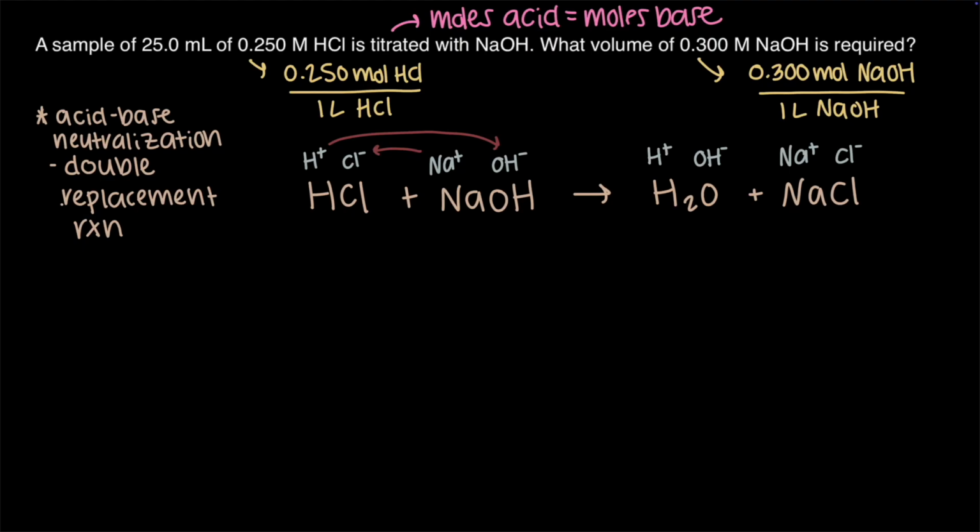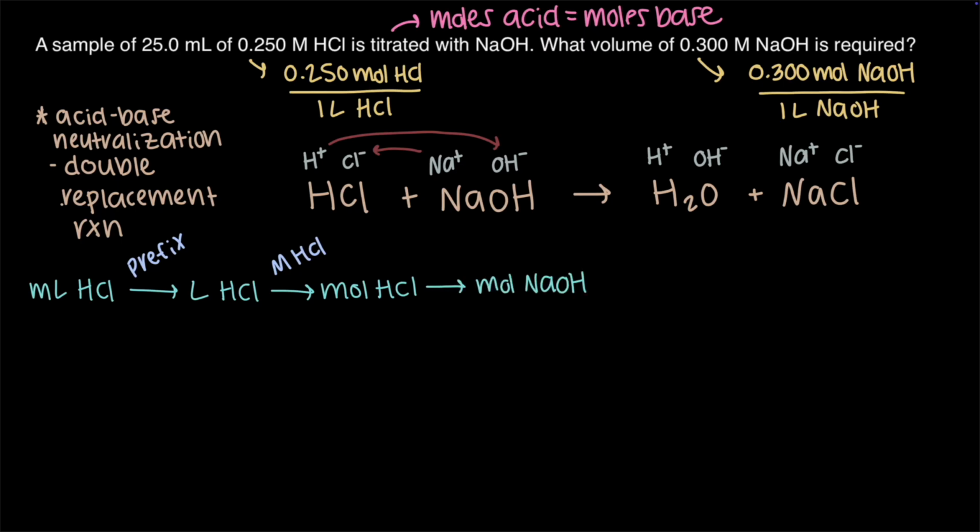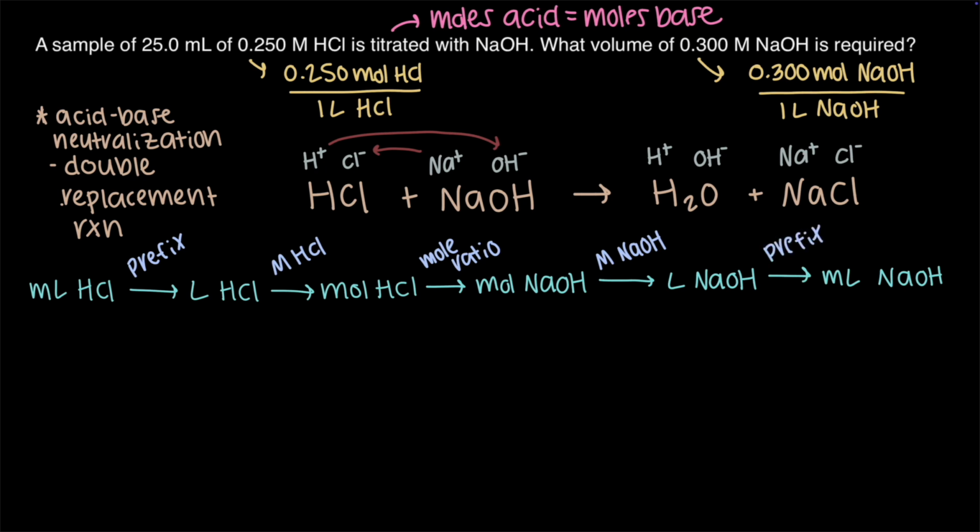Starting with the single unit 25 milliliters of HCl, we can convert to liters of HCl using a prefix to base unit conversion. We can then convert to moles of HCl using the molarity given for HCl. We can then convert to moles of NaOH using the mole to mole ratio from the equation. We can then convert to liters of NaOH using the molarity given for NaOH, and then we can convert to milliliters of NaOH using a base to prefix unit conversion.